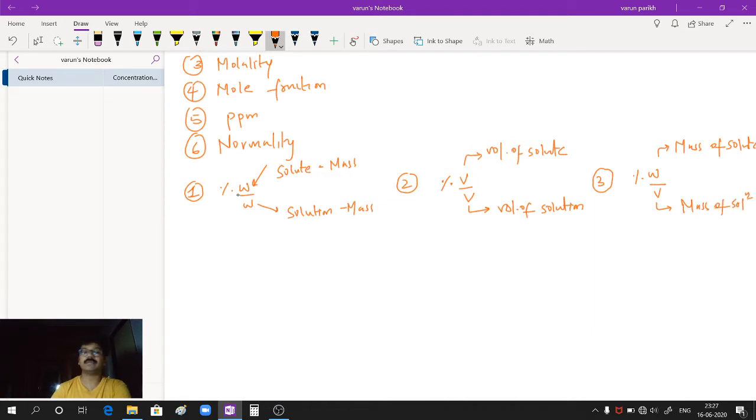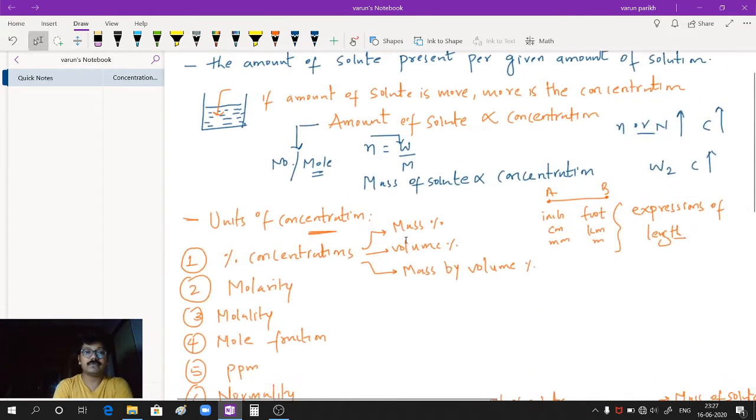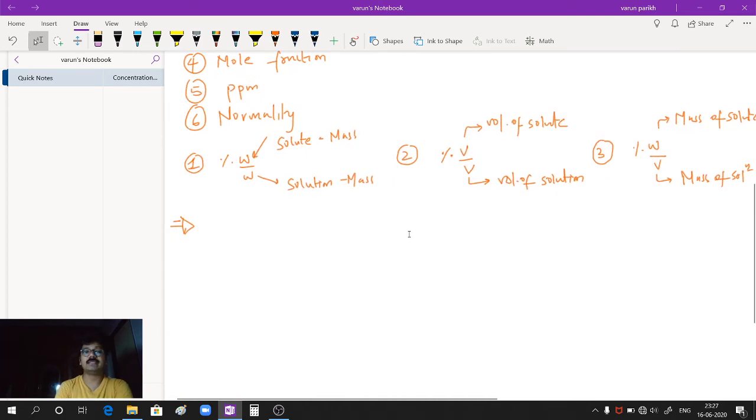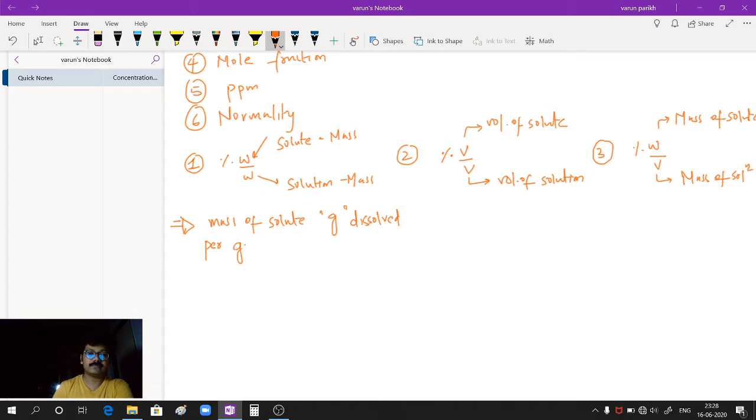Okay, now let's go ahead. How can you define percentage mass by mass? The basic definition applies: the amount of solute dissolved per given amount. Rather than amount, here we mention mass. So the mass of solute, in CGS unit, that is gram, dissolved per given mass of solution is known as mass percentage.